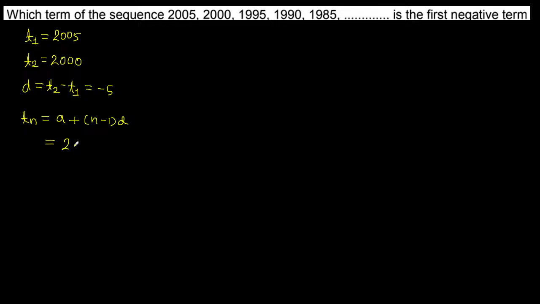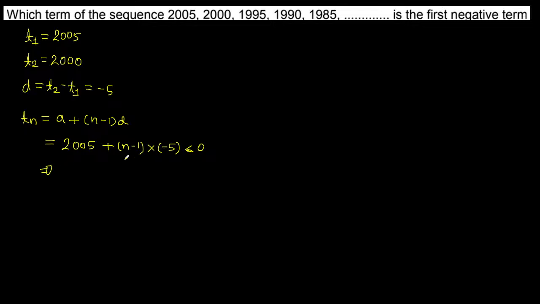A is 2005, n is n minus 1, D is minus 5. This should be less than 0. So minimum value of n.